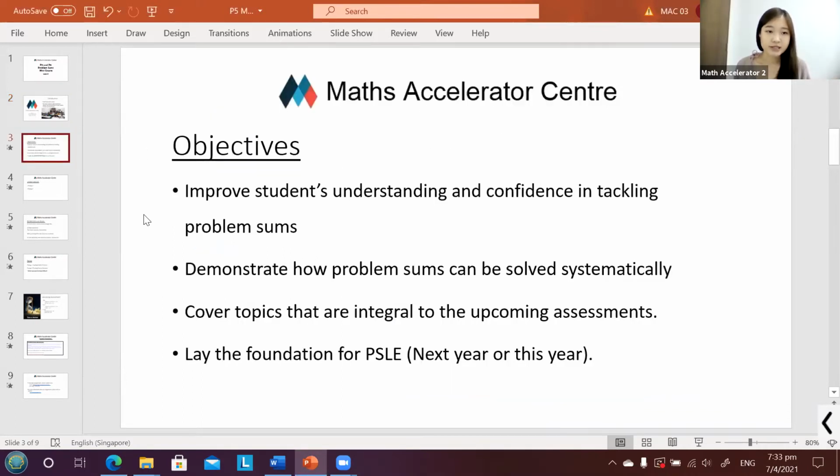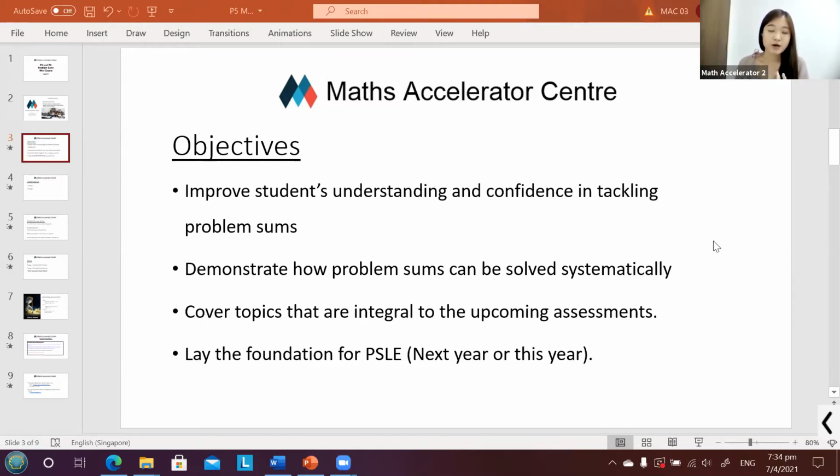So what are the objectives of these lessons? It is to improve your understanding and confidence in tackling problem sums. The majority of students find difficulty, especially in problem sums, be it identifying the keywords, or not being sure how to apply the strategy they have learned.